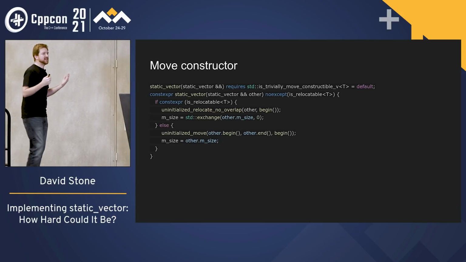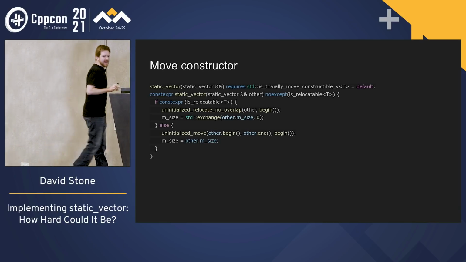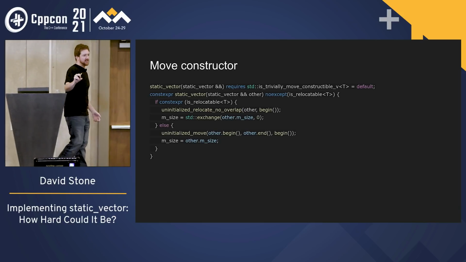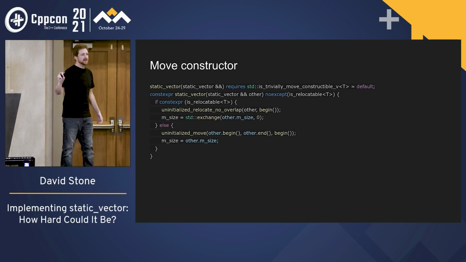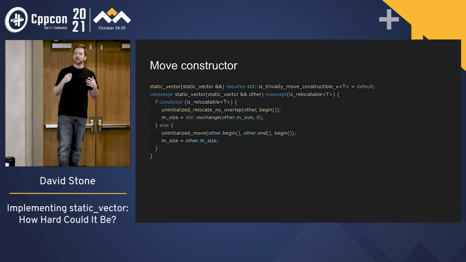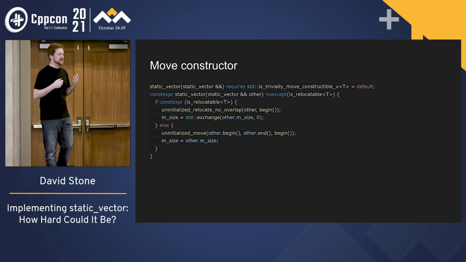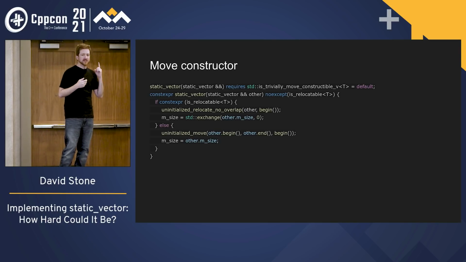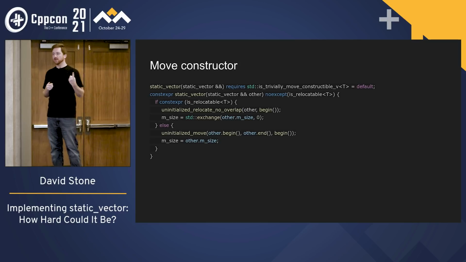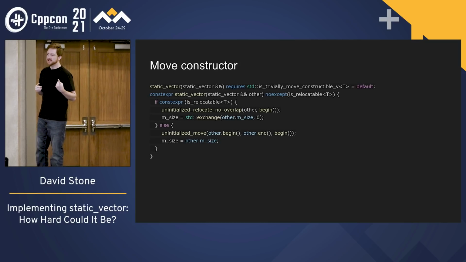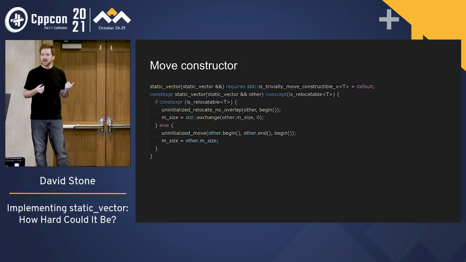But yeah, relocation can mean a few different things. All of that is wrapped up in this uninitialized relocate no overlap function. That can mean whatever you're able to get relocation to mean in your code base. One of them is trivial relocation. This is a really important optimization.